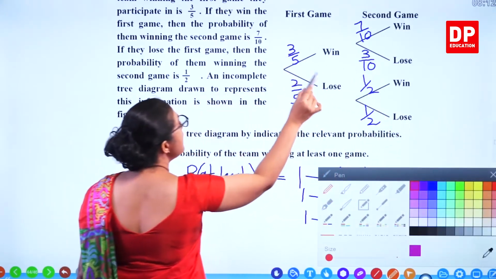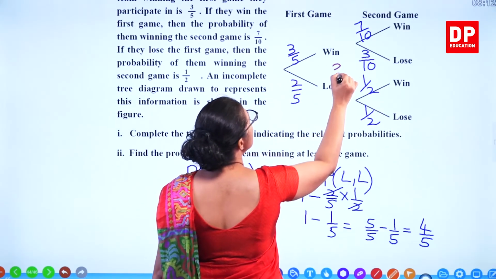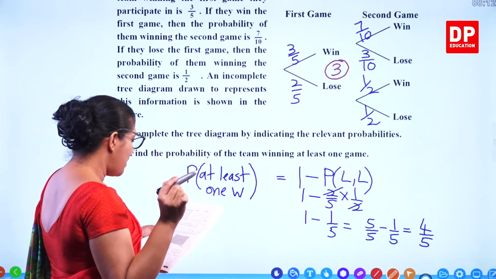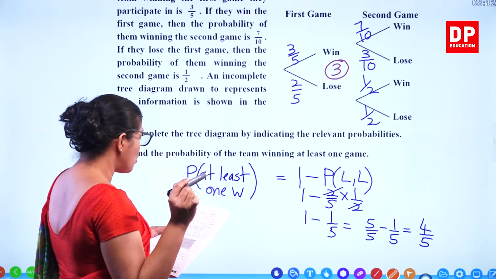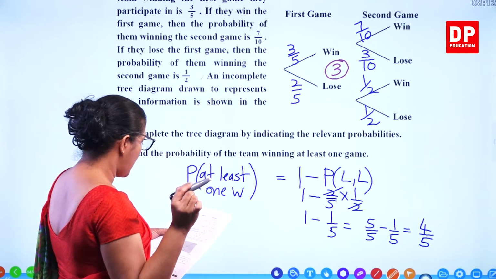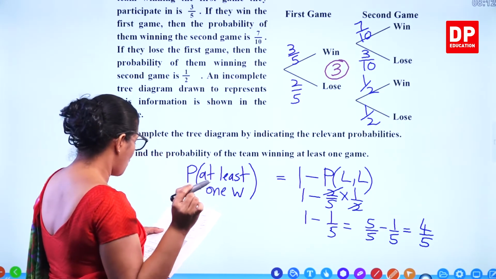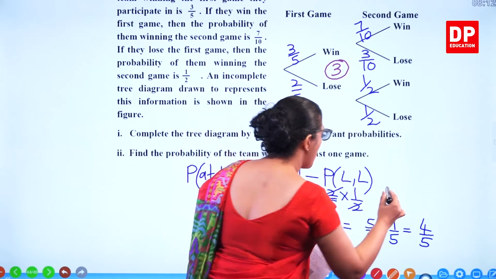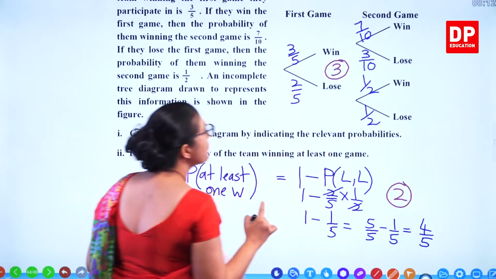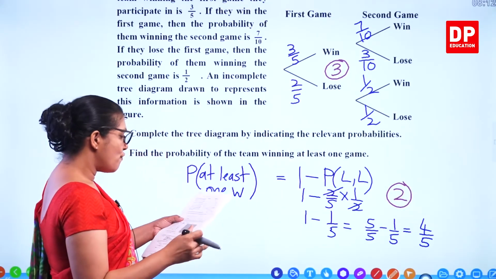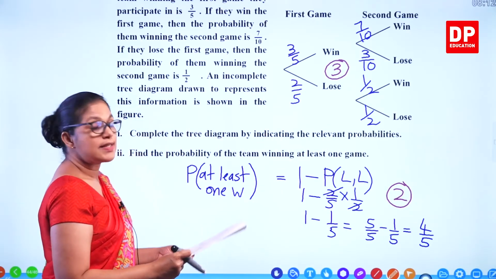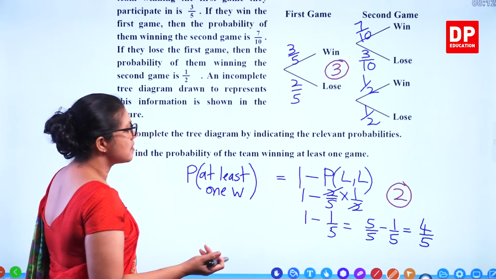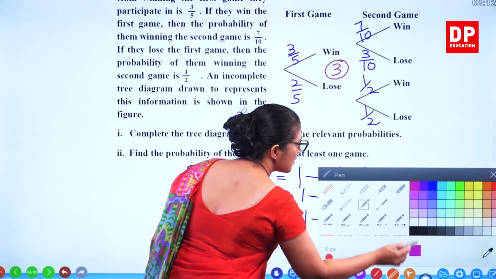So completing this tree diagram, you get 3 marks and then you get 2 marks for identifying this one. So if the correct answer is 4/5, 2 marks for this. So 3 plus 2, 5 marks for this question. So first part 5 and this one 5 marks.